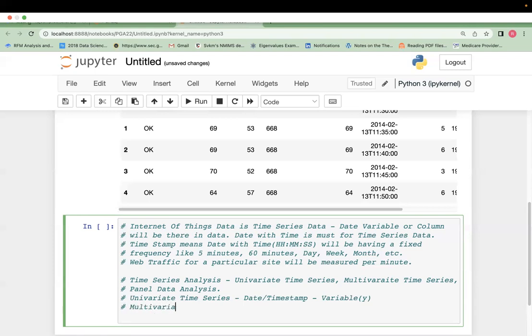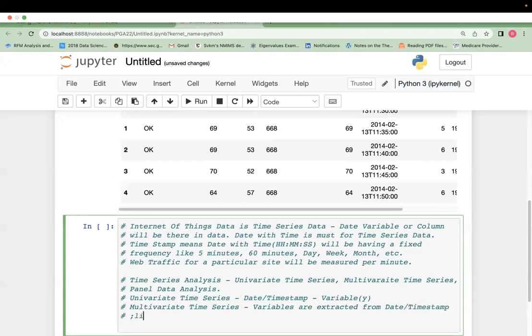For multivariate time series, variables are extracted from the date or timestamp, like weekday, month, quarter, etc. So in multivariate, we will extract these variables and other independent variables will also be there.